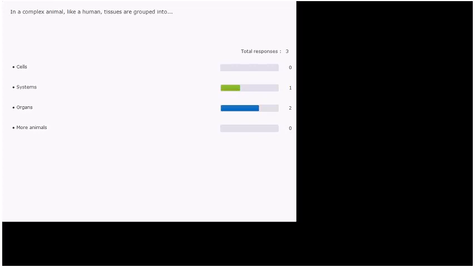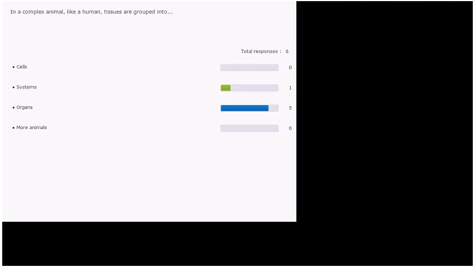I have a couple people say organs, so organs is correct. So cells are grouped into tissues, tissues are grouped into organs, organs are grouped into organ systems, and then organ systems make up the whole organism. So the correct answer is organs.